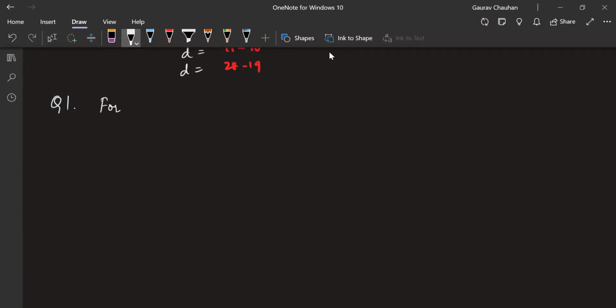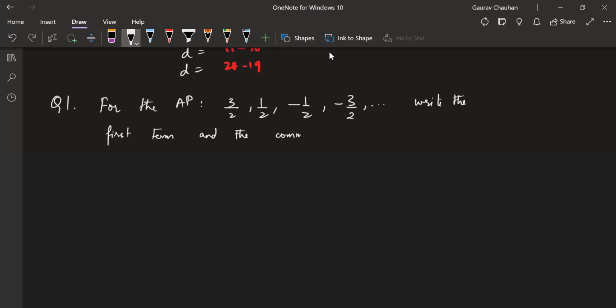For the AP 3 by 2, 1 by 2, minus 1 by 2, minus 3 by 2, and so on, write the first term and the common difference. Obviously, first term we know, so I'm not going to even ask you guys, but send me the common difference privately.